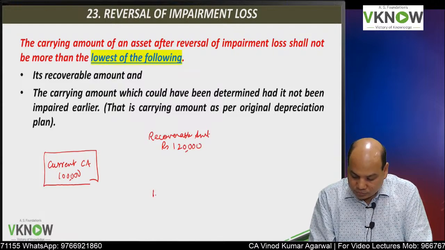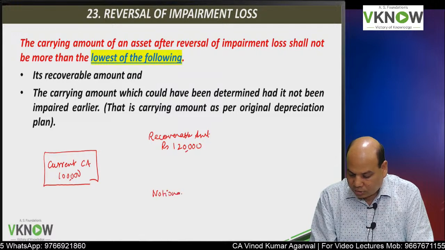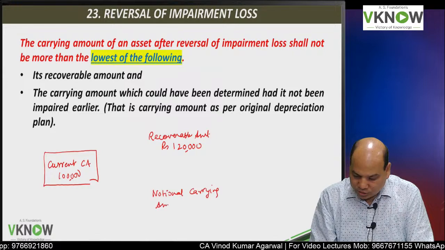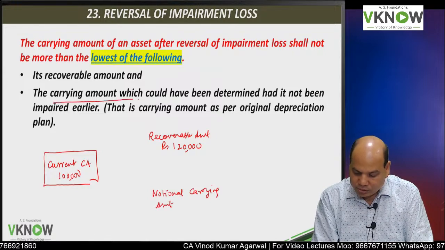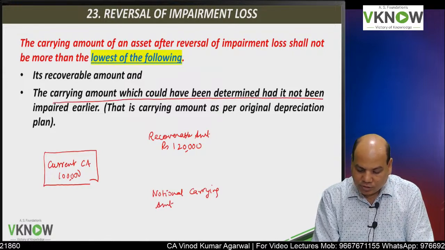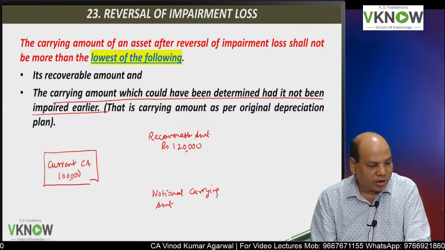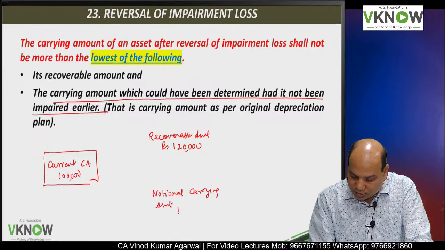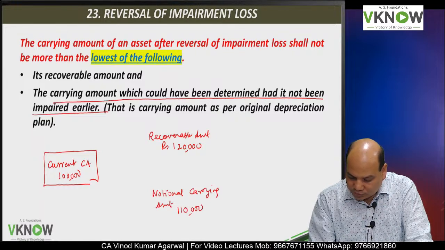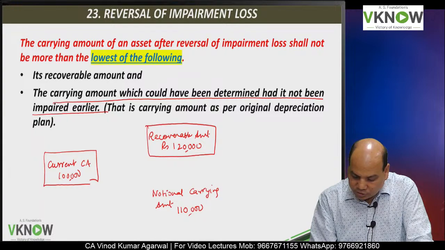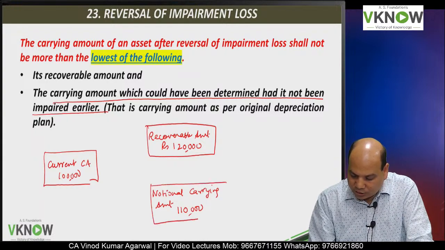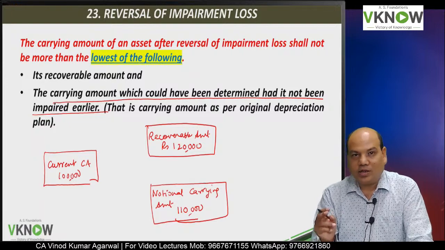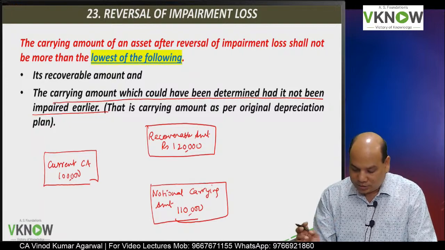Calculate notional carrying amount, meaning the carrying amount which would have been determined had it not been impaired earlier. Suppose it is 1,10,000. Recoverable amount is 1,20,000, but had you not provided for impairment loss, the carrying amount today would have been 1,10,000.